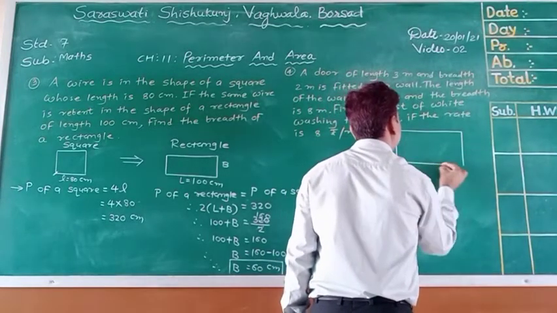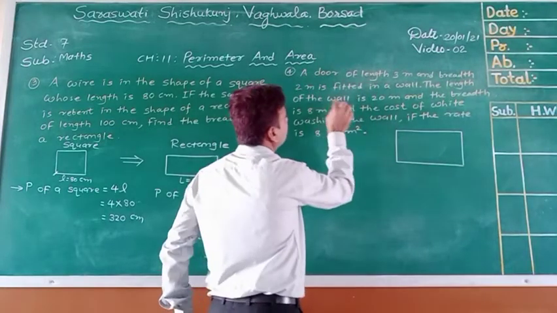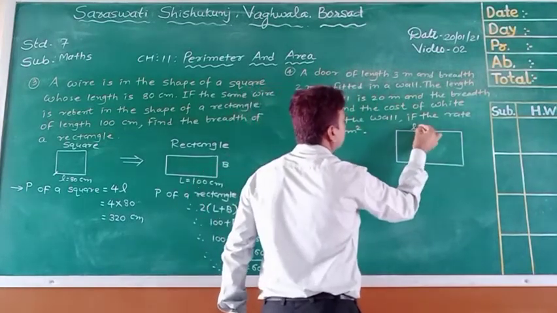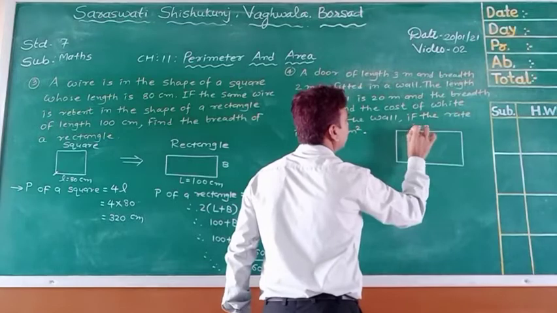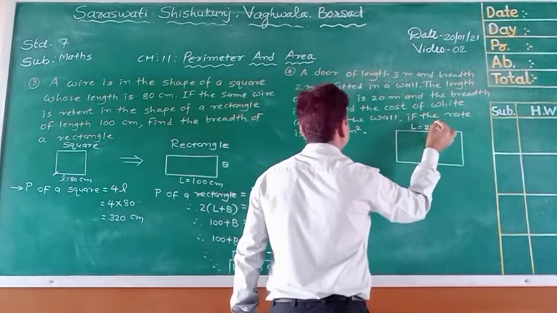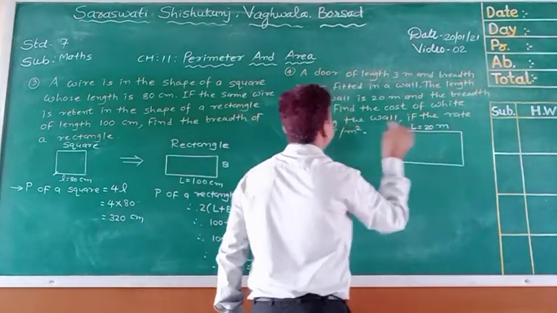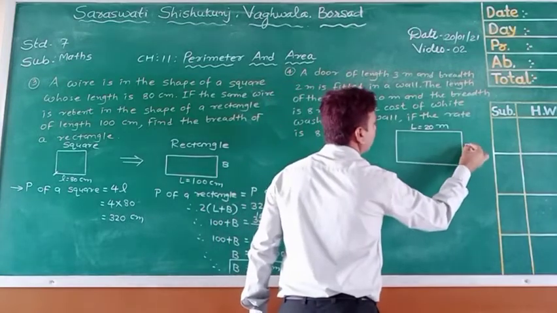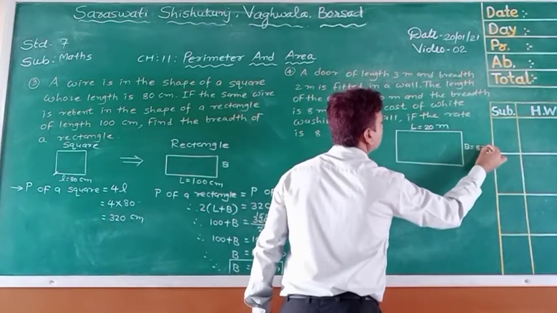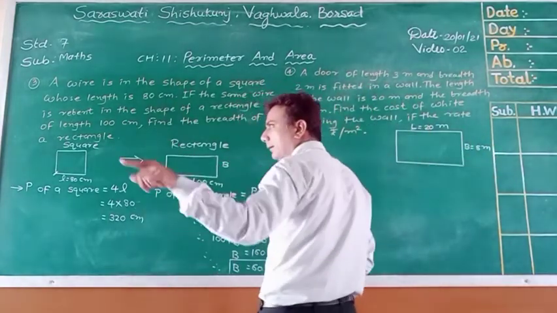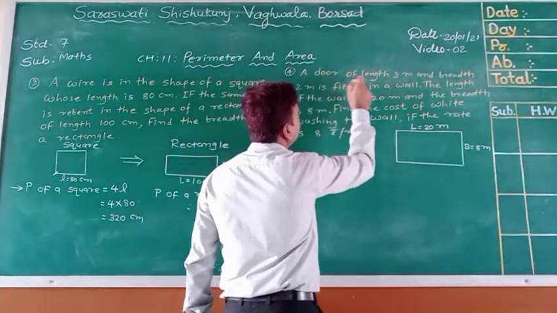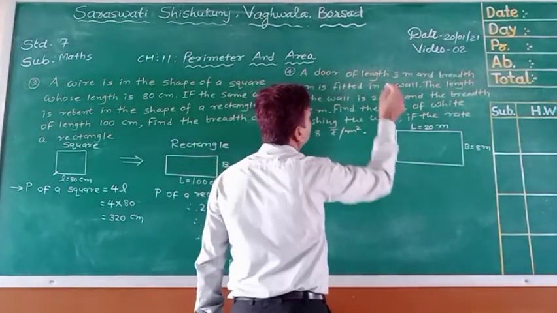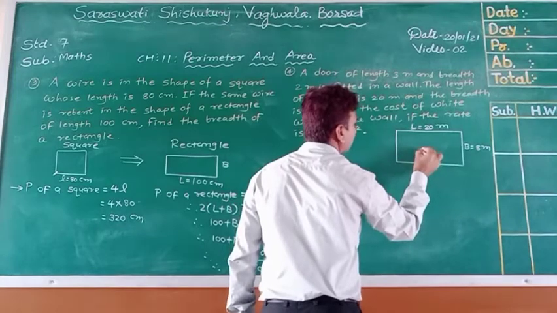Rectangle measurement, length capital L is 20 meter and breadth is 8 meter. Okay, this wall.